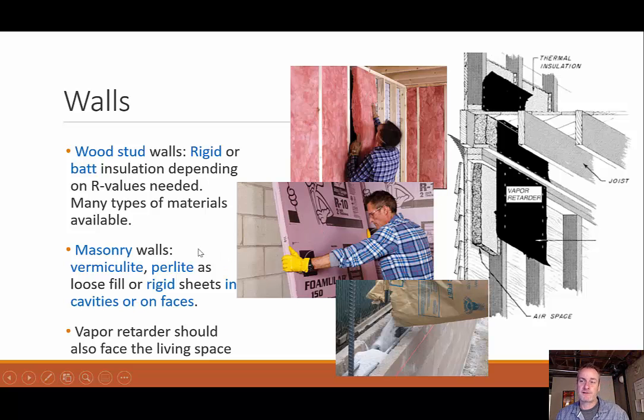So for masonry walls, we have some of these same products we talked about before, and we can also have something filled into the cavities, which we've also talked about before. As far as this vapor retarder, once again, it's facing the living area. So my vapor retarder would go right on top of those studs, encapsulating that insulation and keeping the vapor from coming either from the outside in or the inside out.